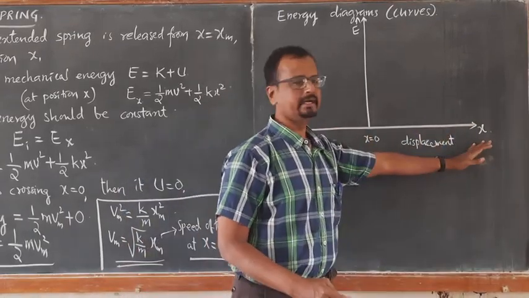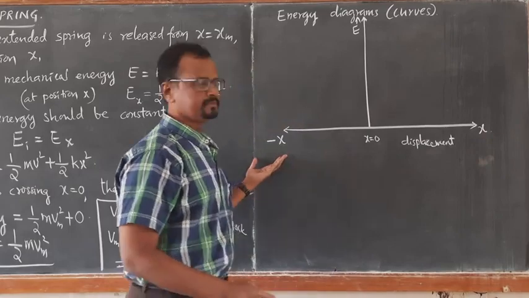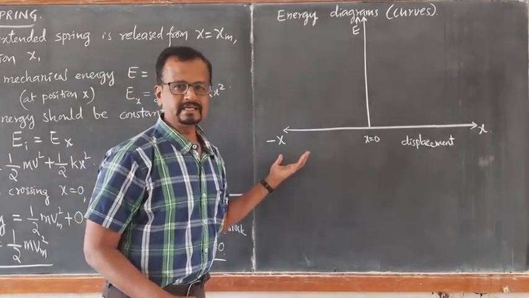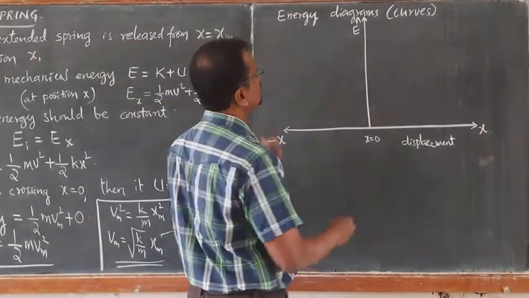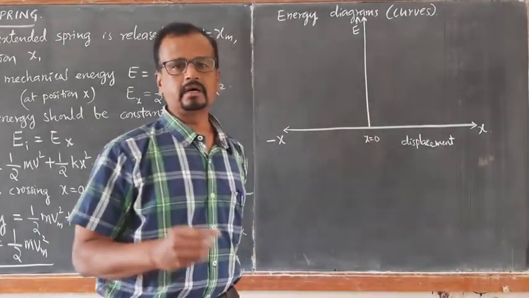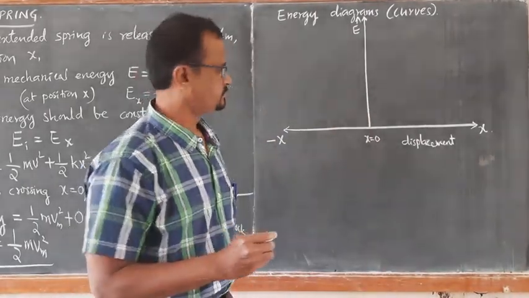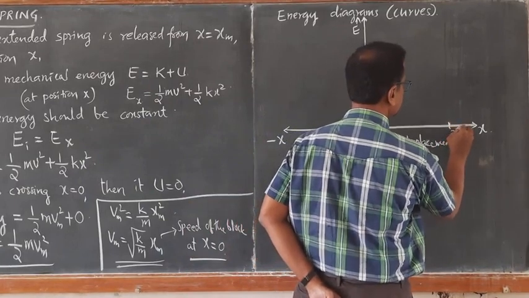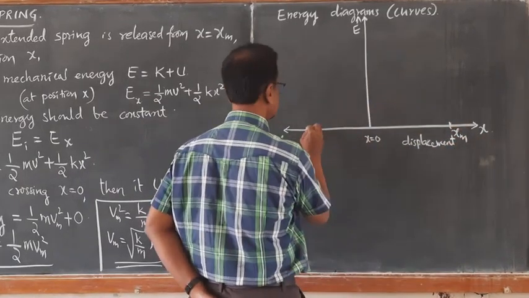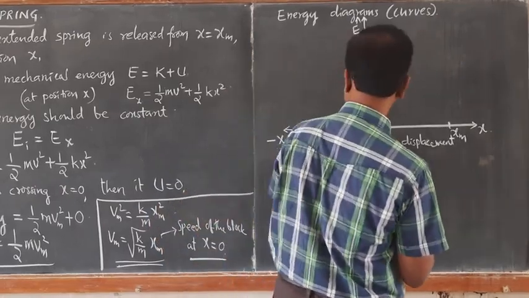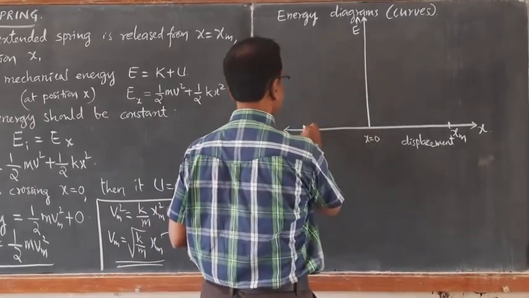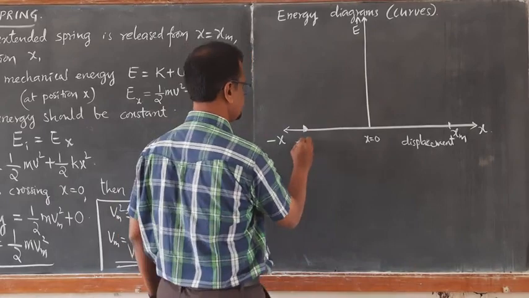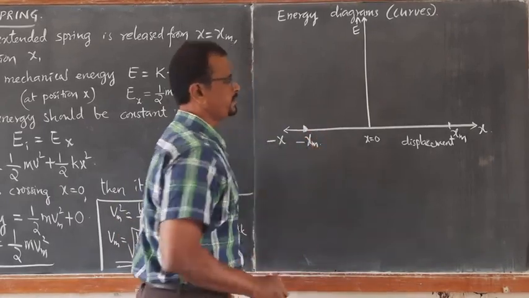Positive displacement represents extension, and negative displacement represents compression. Let us draw first the graph for potential energy. Let us take this point as maximum displacement xm, and this one as maximum compression, minus xm.